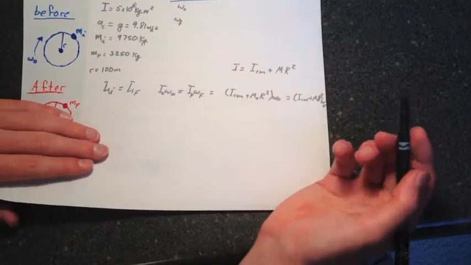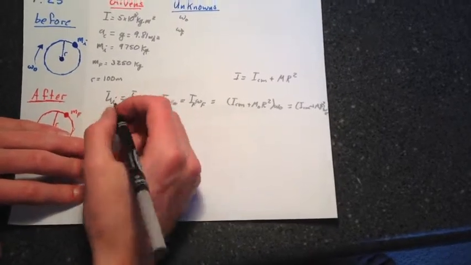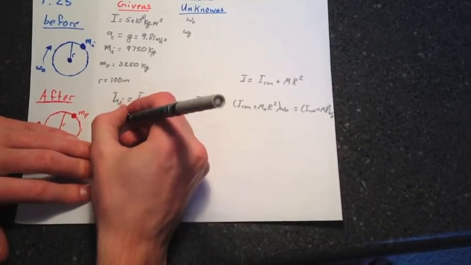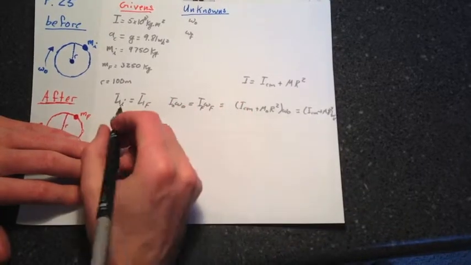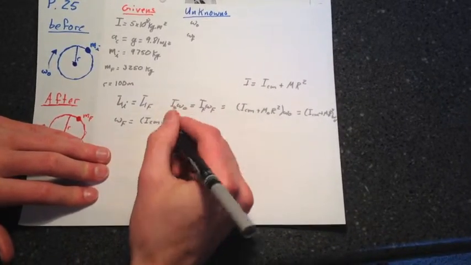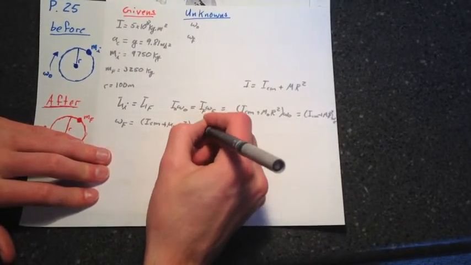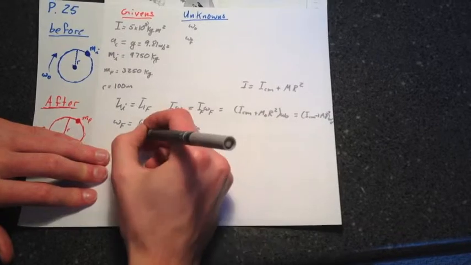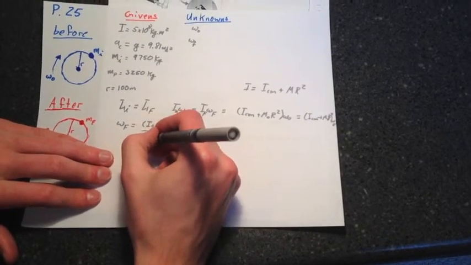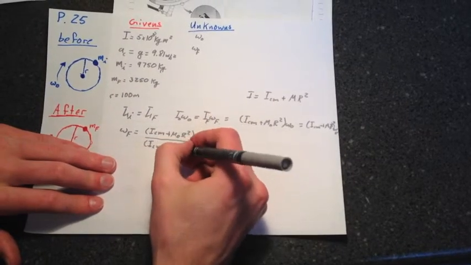From there we can divide over our final inertia to get omega final equal to I center mass plus m naught r squared, times omega naught, divided by I center mass plus m final r squared.